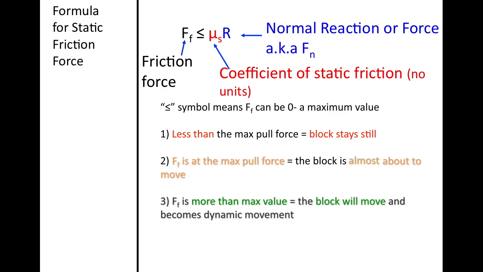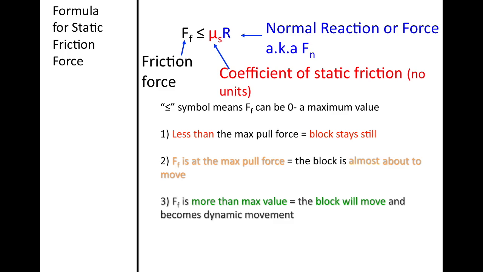The reason why the coefficient of static friction has no units is because in the equation, the friction force is in units of newtons, and the reaction or normal force also is in newtons. So if you were to solve for mu, it is in relation of newtons per newtons. So the newtons would cancel out and you would just have a value.